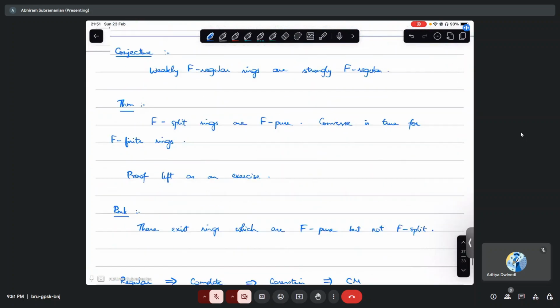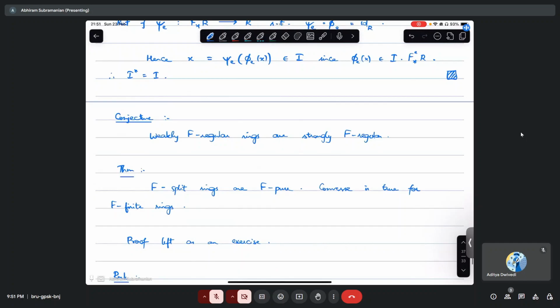I think I forgot to mention one thing, which is that the conjecture is known to be true for N-graded rings over a field.